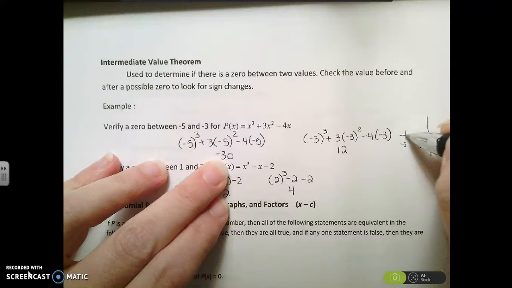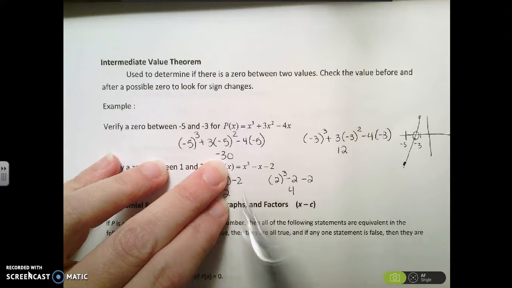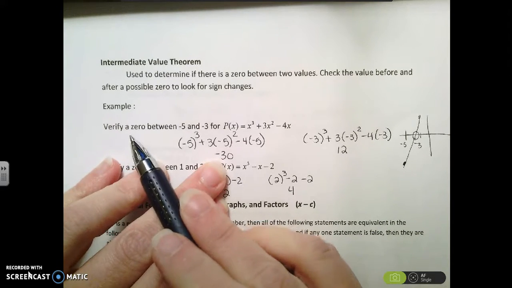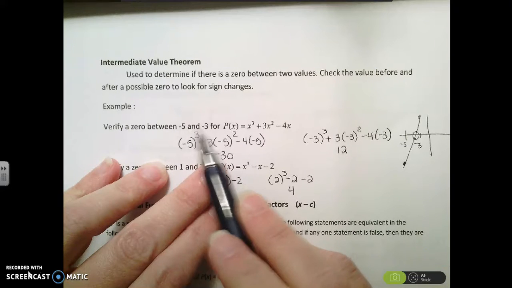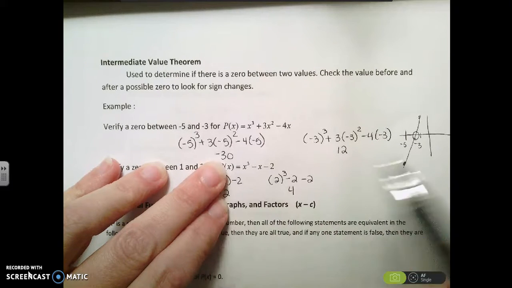At -5, if my graph is down here, and at -3, if my graph is up here, do you agree that somewhere between -3 and -5, there's got to be a 0? So the question is to verify that there is a 0 between these two numbers, and we have.